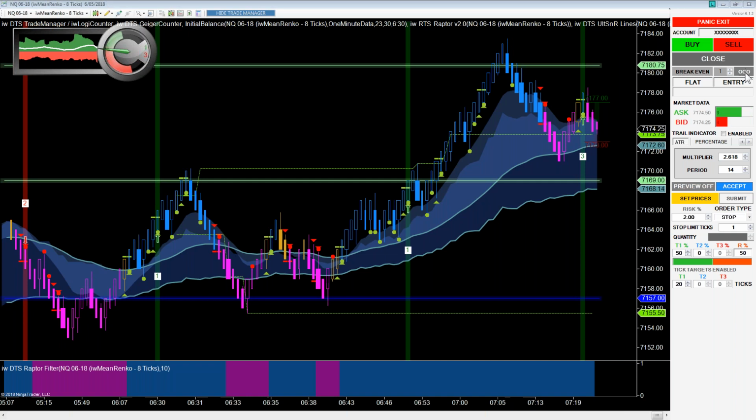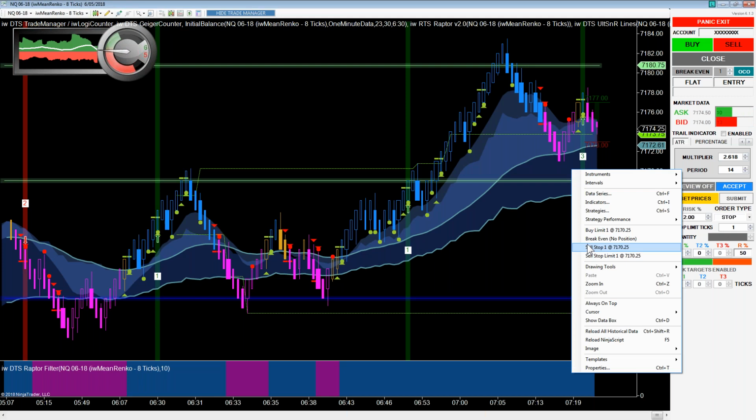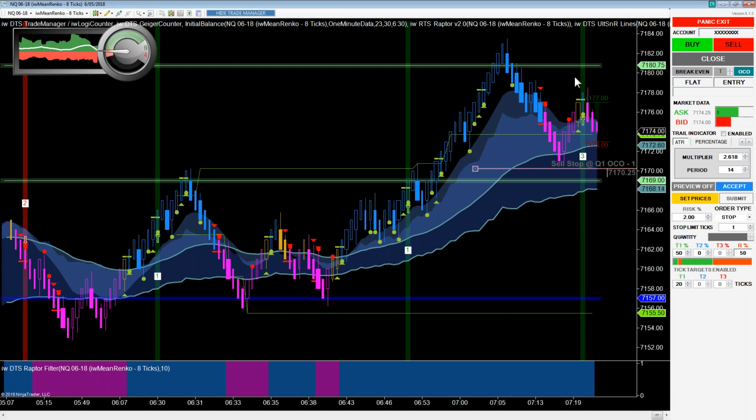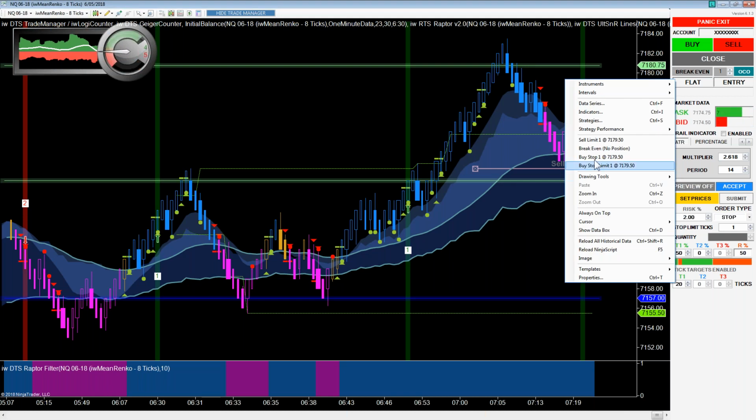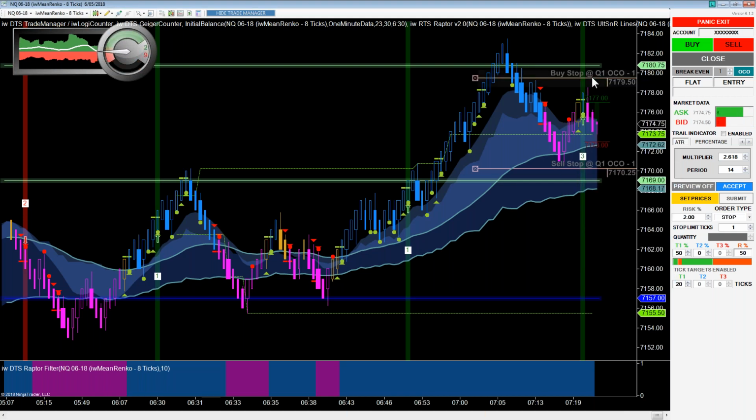All right, so here we go. It's not quite the test of the extreme I was hoping for, but I will try an OCO order here, and I'll use the recent ranges. So we've got this swing low and we've got this swing high, and that's going to establish my range.